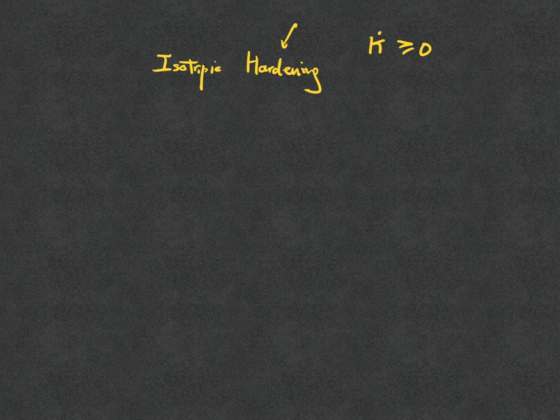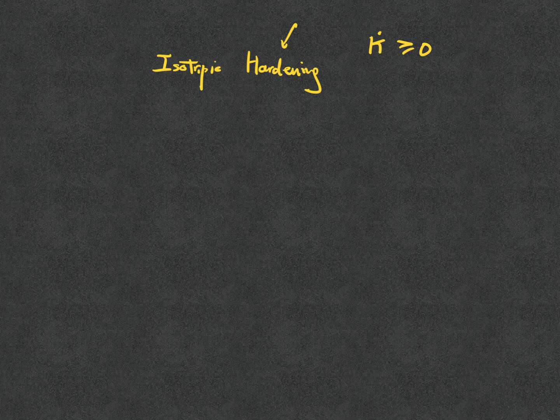If we call it softening, softening simply means that the yield surface becomes smaller. You see what I mean? The reason is that in the hardening case, the elastic zone is expanding, and in the softening case, the elastic zone is shrinking in the stress space.